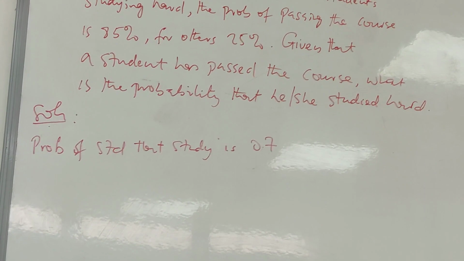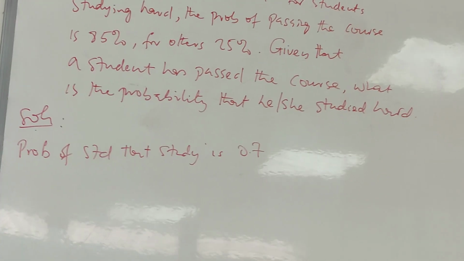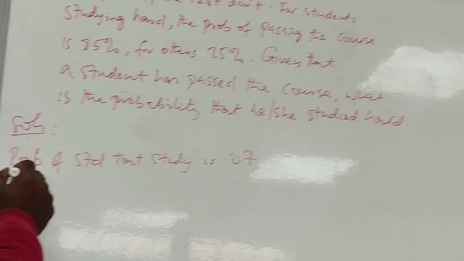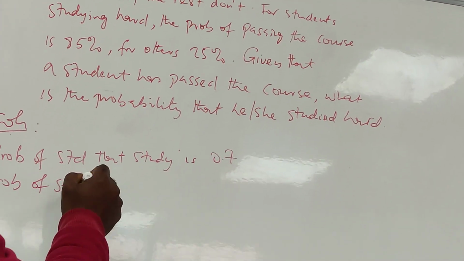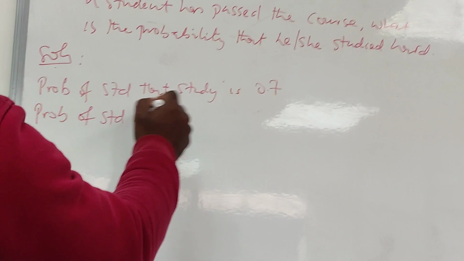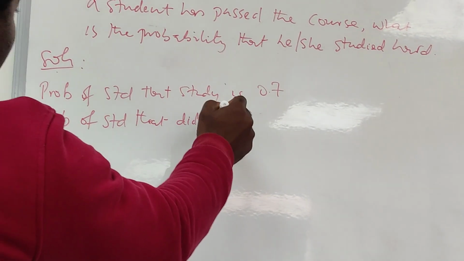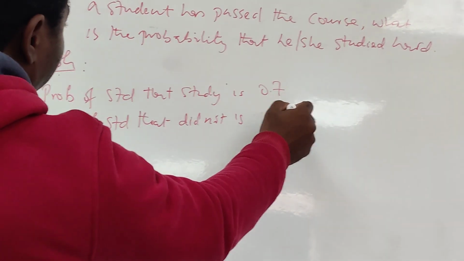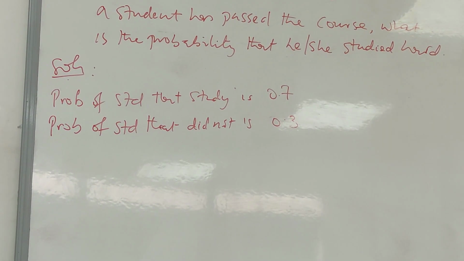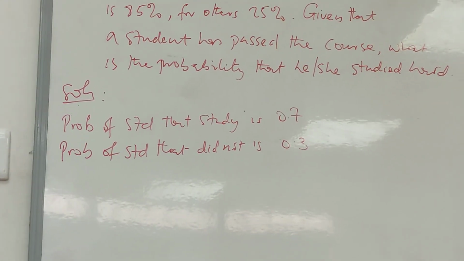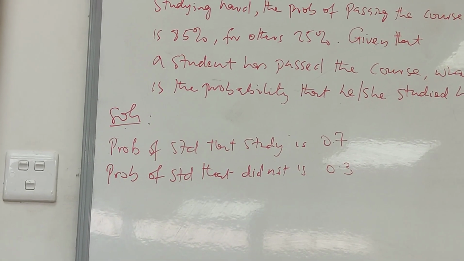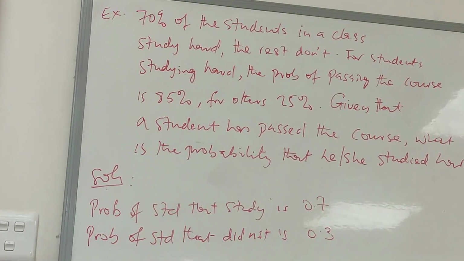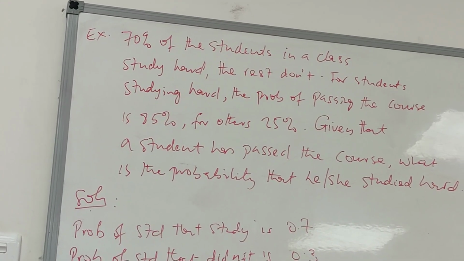Yes. Now, the rest don't. So the probability of students that did not is 0.3. Am I right? Yes, sir. Now, we were told from the question that for students that studied hard, the probability of passing the course is 85%.